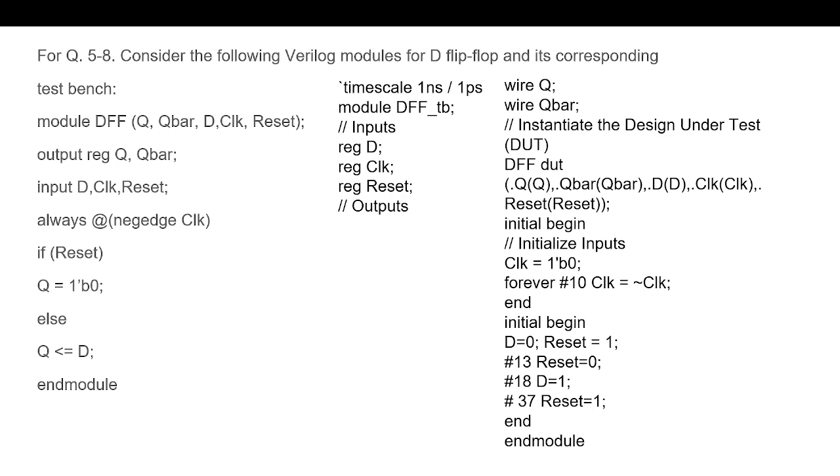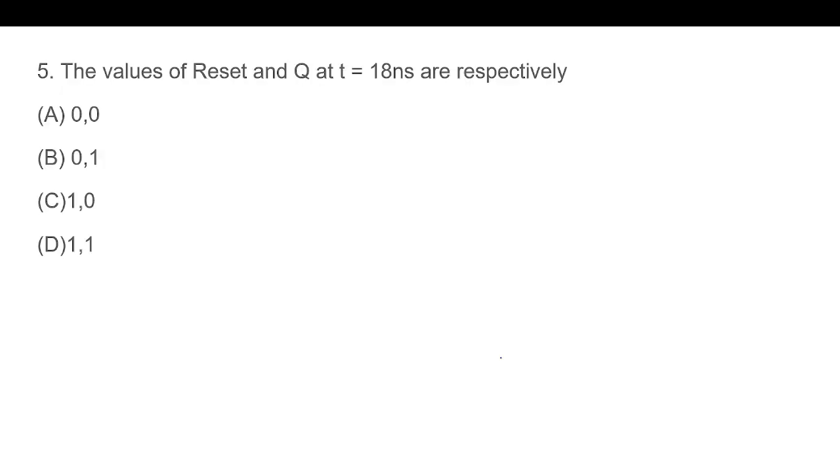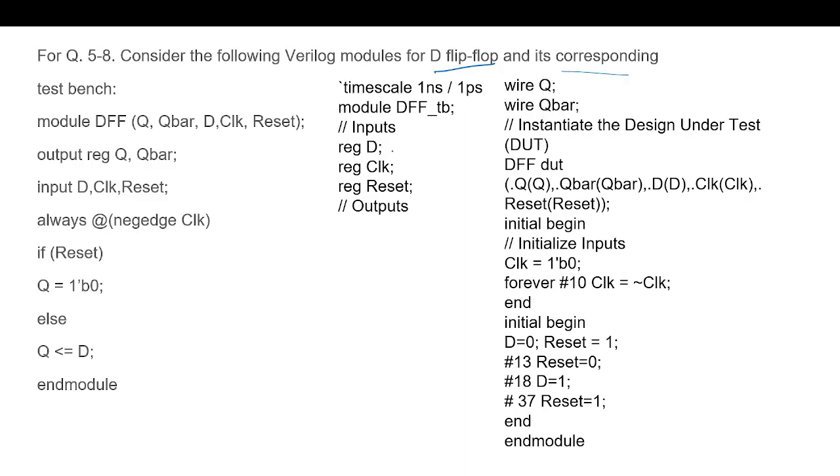Similarly, for the D flip flop and then corresponding test bench, let us proceed. First, at t is equal to 18 nanosecond, my value of reset and Q is the question. So you can see from here, this is t equal to 13, 13 plus 18, and then this plus 37.